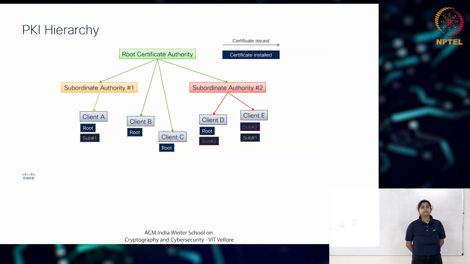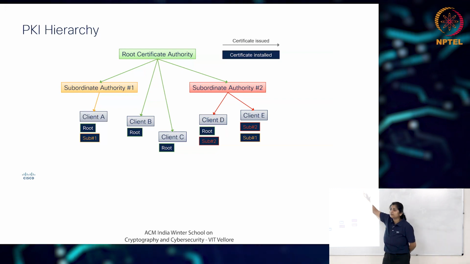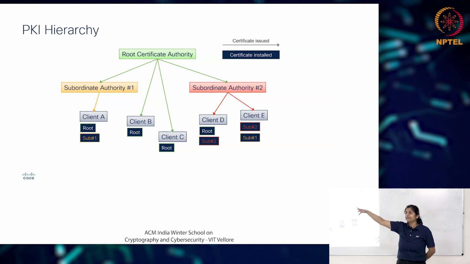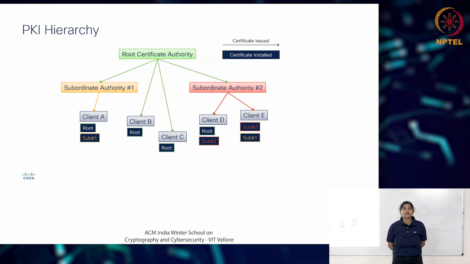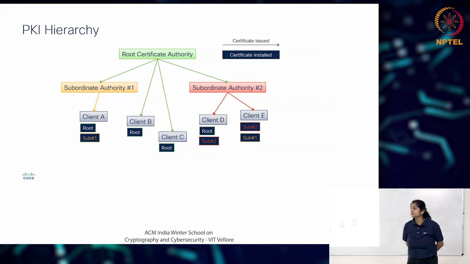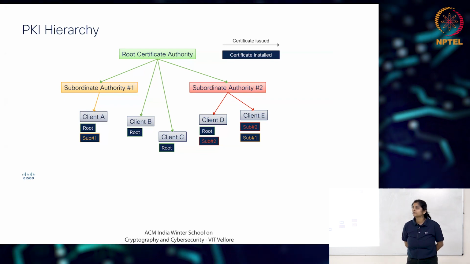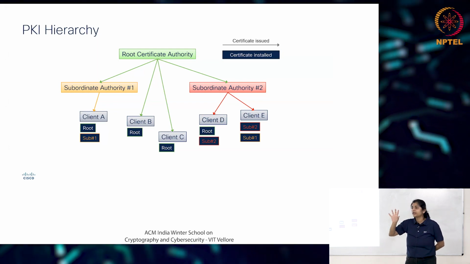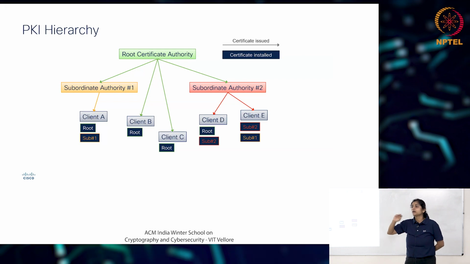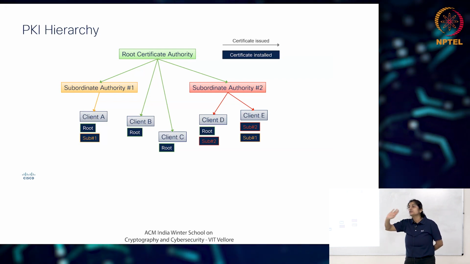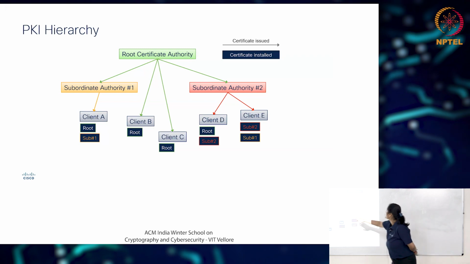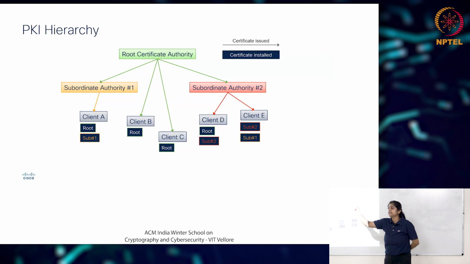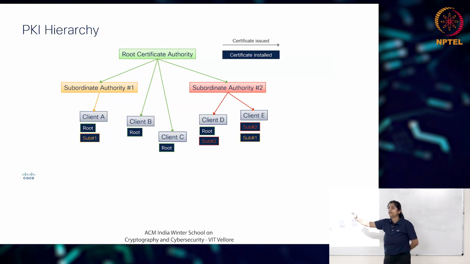Any clue? Do you see anything above? Or does it go on and on? America issued certificate to India, India issued certificate to Karnataka, like that. This has nothing to do with browser certificates in general. Browser certificates are mostly at this level, where you see intermediate CA1, CA2, sub CA2, sub CA1.